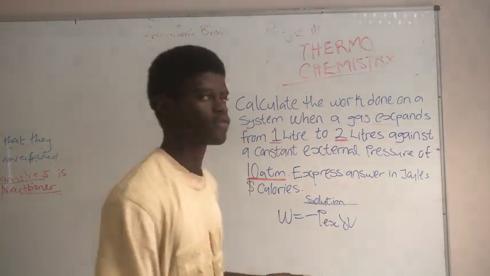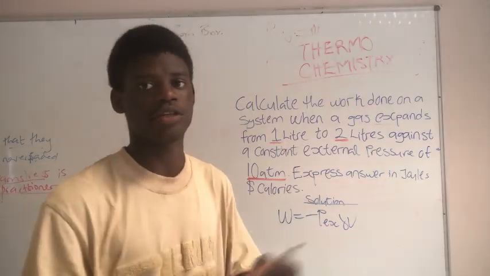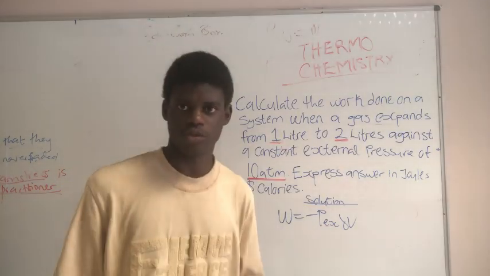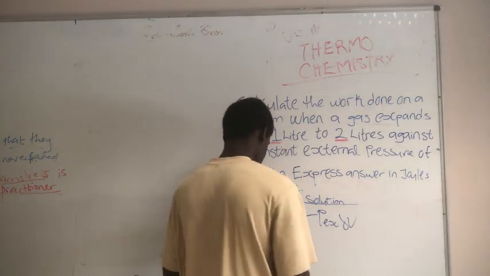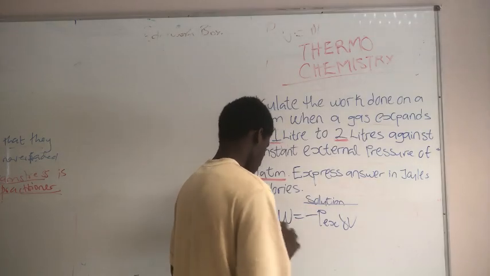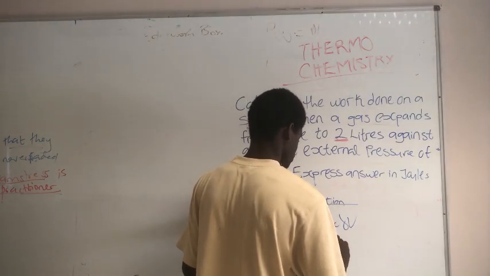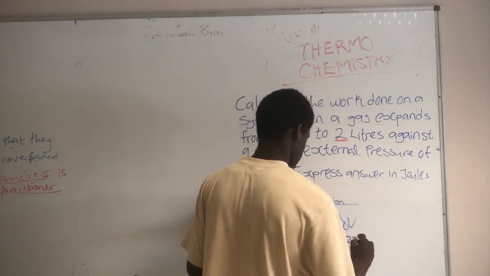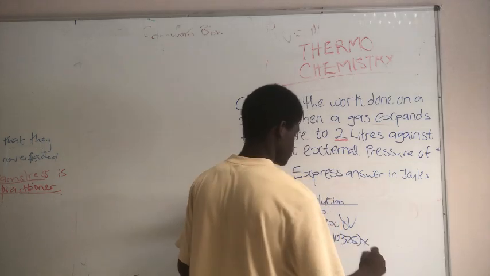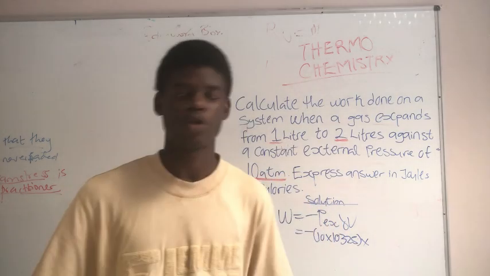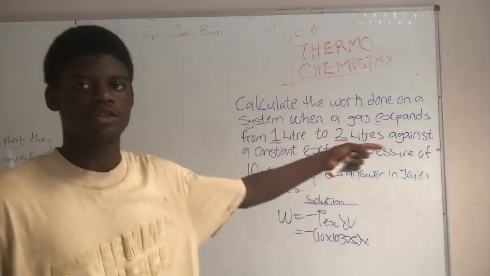You don't need to know the exact value. Just say 10 raised to the power 5. But let's use 101325. So that will be minus the pressure, 101325, times volume. The volume we are going to convert from liter into meter cube.